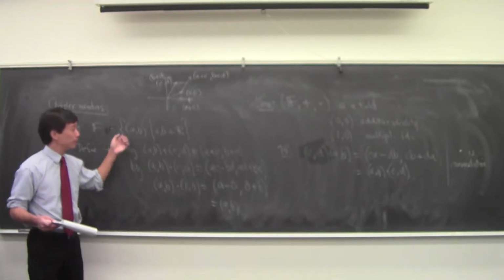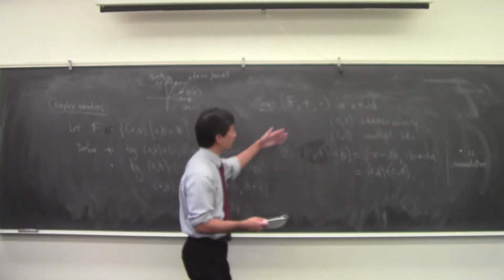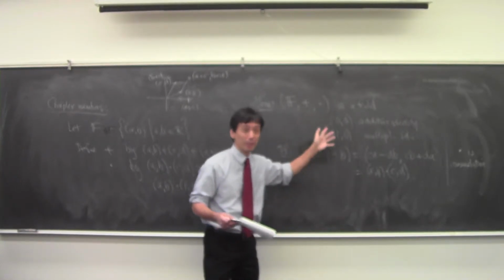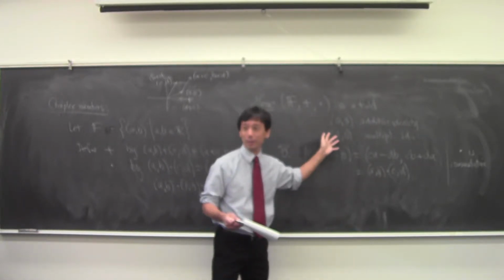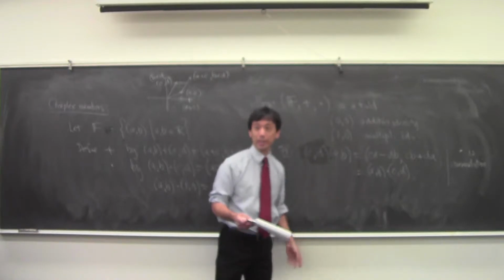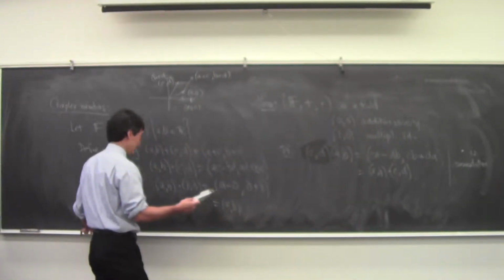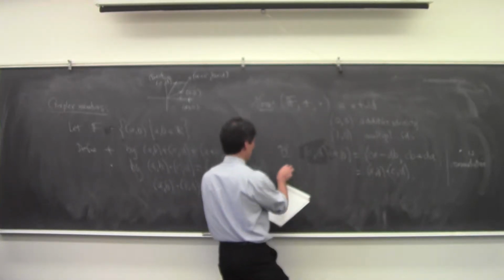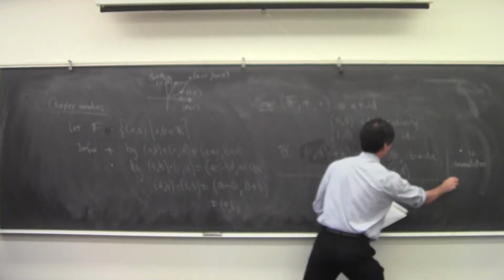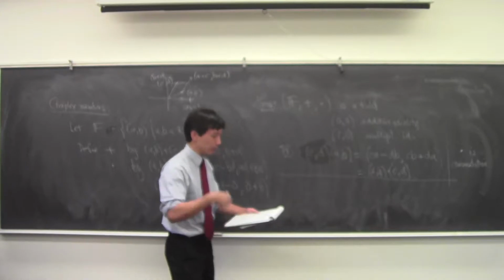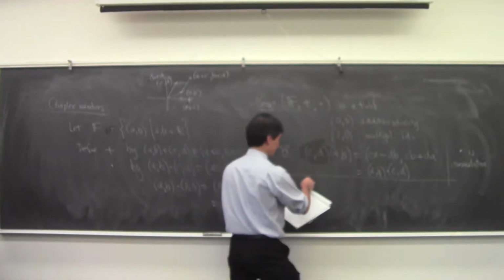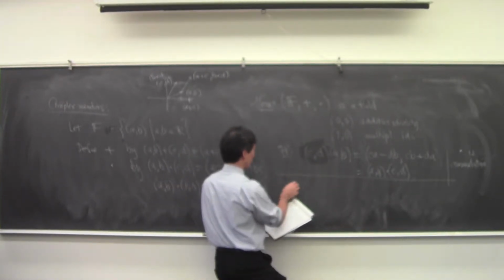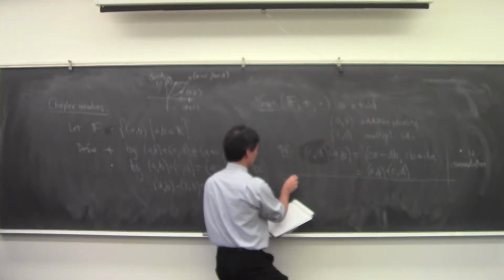So you prove all these things. It's pretty straightforward to just run through all the properties and show that they are satisfied. And maybe the only interesting one is the existence of the multiplicative inverses.